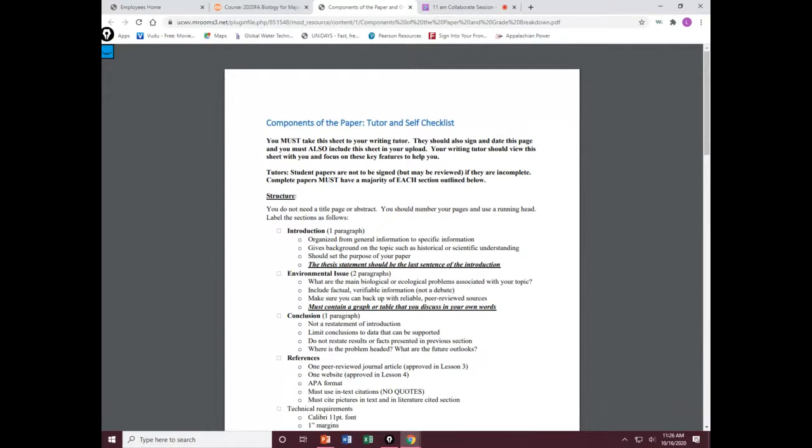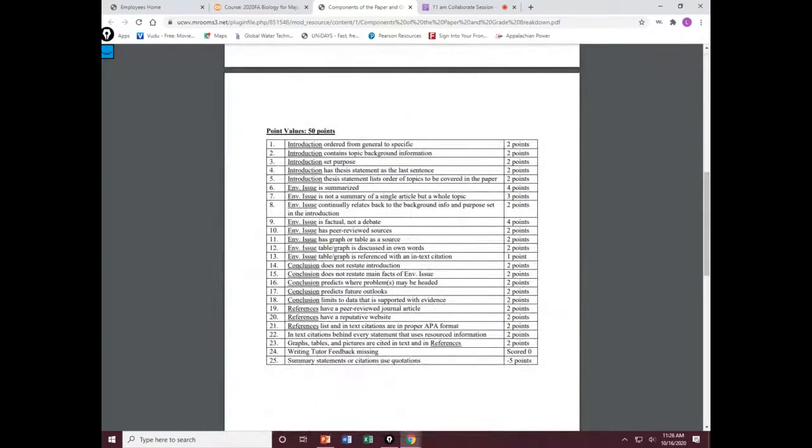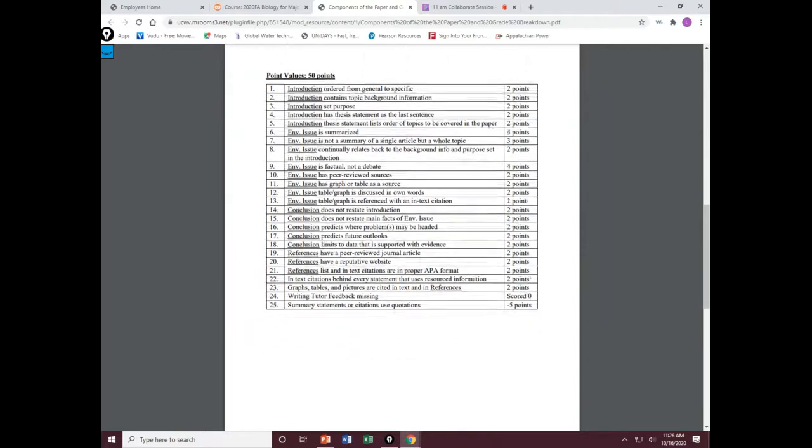That'll be really helpful for the tutor. When you go into tutors, there's a separate tutoring section, so instead of biology, you'll choose writing. It'll be a longer appointment, so you'll have time to go through all this stuff.